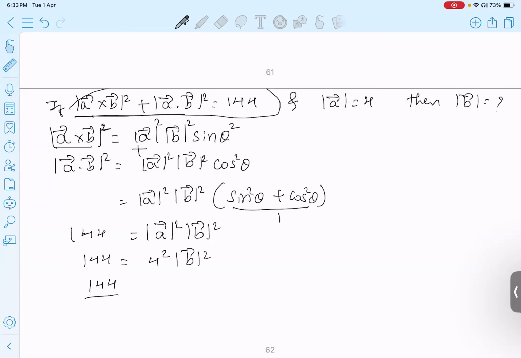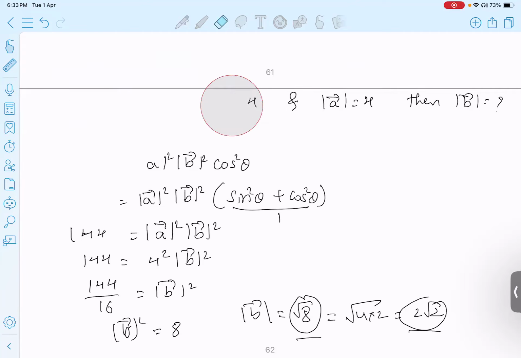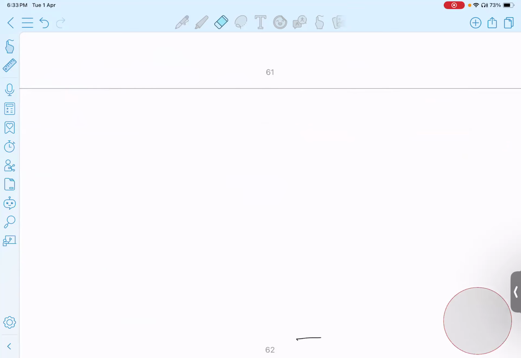So 144 by 4 square is 16, so magnitude of B vector square is equal to 9 by 16... which gives magnitude of B vector square equal to 8. So now magnitude of B vector was root 8. Either root 8 was the option, or root 8 can be written as 4 twos, so 2 root 2. Any one of the options has to be given. So you will get this kind of question. This was there in 2023, students.